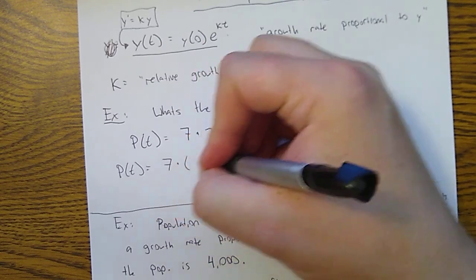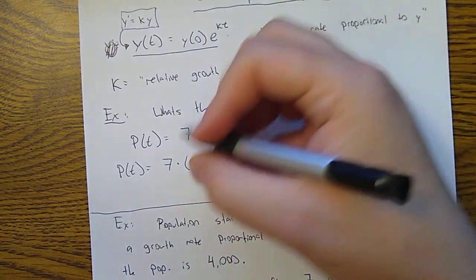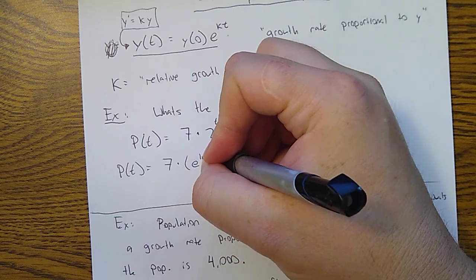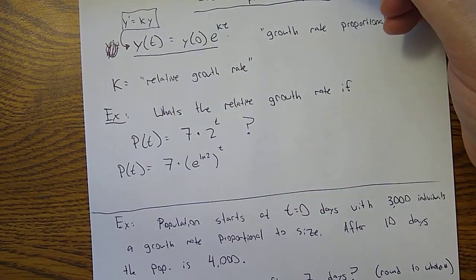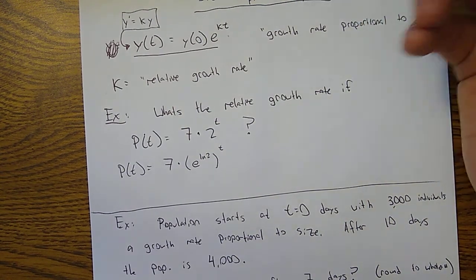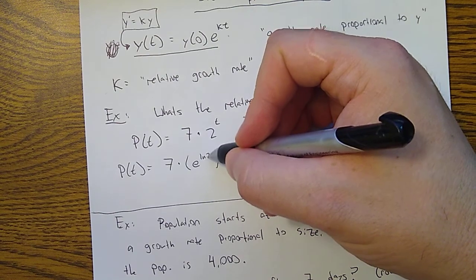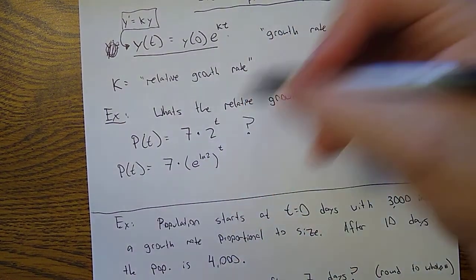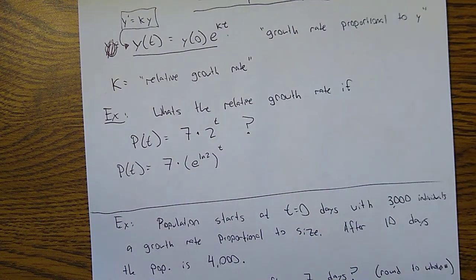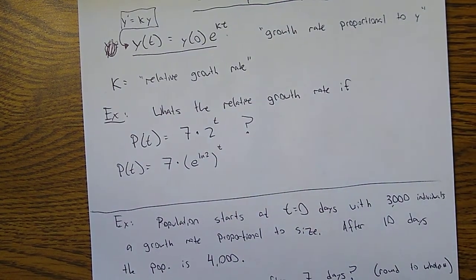One way to do this is to just say that 2 is the same as e to the natural log 2, which maybe seems weird. Of course it's true. I mean, e to the natural log of whatever is the same as, the e and the natural log cancel, and this is inside parentheses, it is 2.